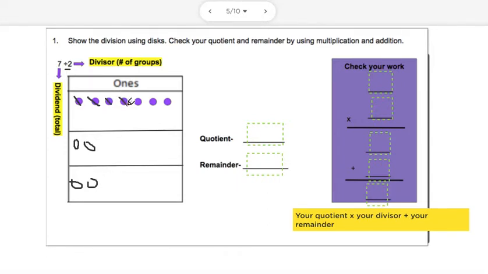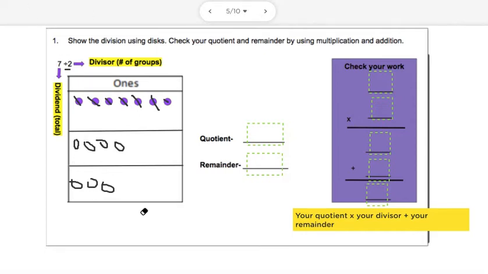Make sure you're crossing off the disk at the top after you've used it. Uh-oh. I ran out of groups, but are my groups even? Do I have the same number of disks in each group?